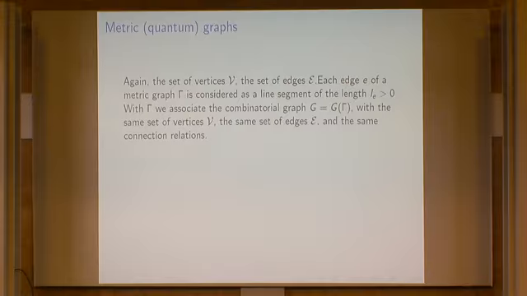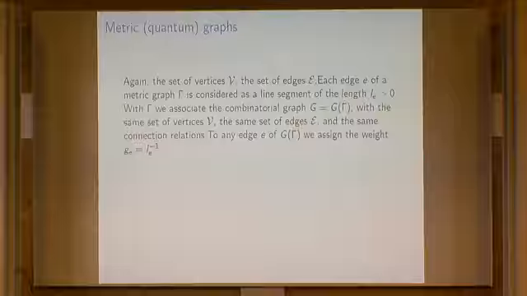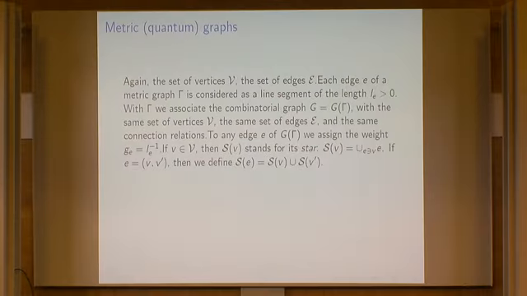So with this gamma, we associate a combinatorial graph with the same set of vertices, the same set of edges, the same connection relations, and we assign to each edge of the quantum graph the weight, exactly by the formula which is given. So there is a rule which associates with the metric graph a weighted combinatorial graph. And it turns out that the spectral properties of these two objects are closely related. It will be seen soon.